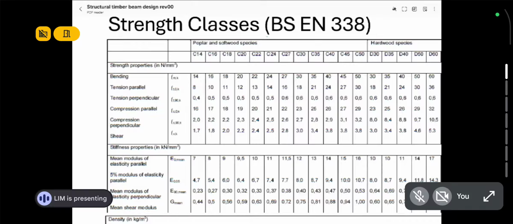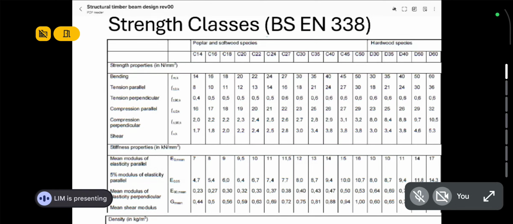So when I ask you to design a beam or column using C14 softwood, you know straight away the bending strength is 14. That number there refers to the bending strength. But you also get other properties, for example tension, compression and shear as well, similar to what you get with concrete.